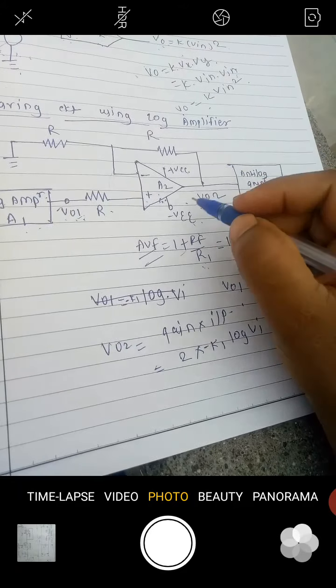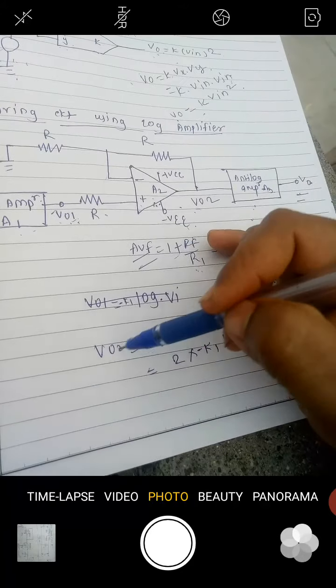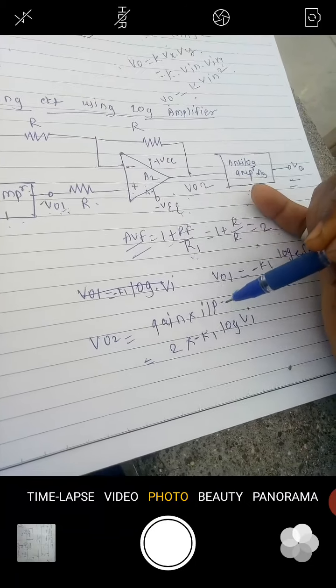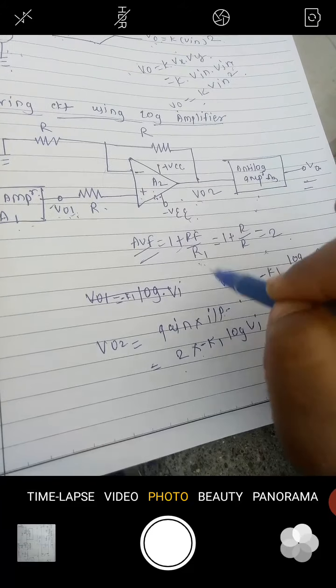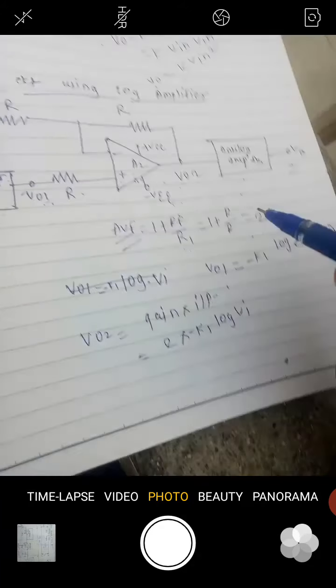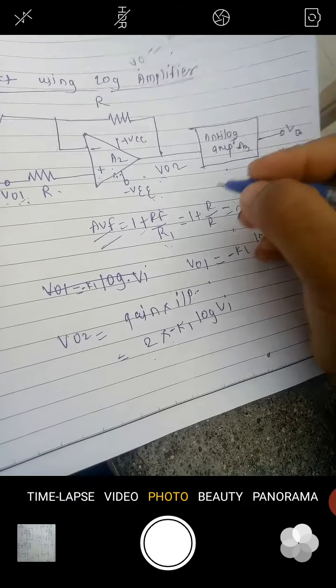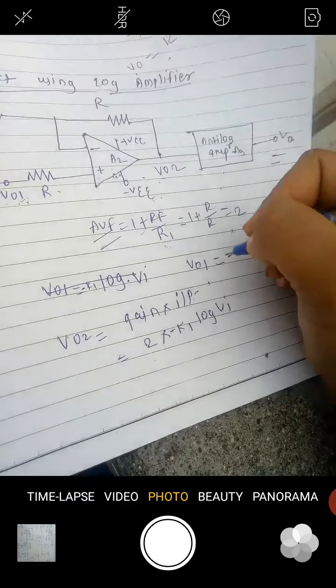Now the output of this A2 amplifier is V02 is equal to gain into input. So gain is 2 into input, which is nothing but the output of logarithmic amplifier circuitry, and the output of logarithmic amplifier circuitry is nothing but minus K1 log E K2 into Vi.